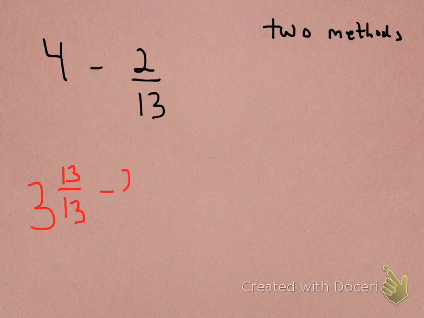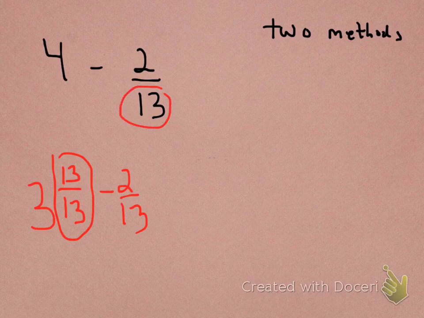And we're still going to minus 2 thirteenths. Okay, think about it. 13 over 13 is 1 whole. So if you have 1 whole thing and 3 whole things, 1 plus 3 is our 4. Okay? But we want to write this new version of 1 as something that has a denominator of 13, because that's what we're trying to match with the other fraction. So I didn't just pick that out of a hat.